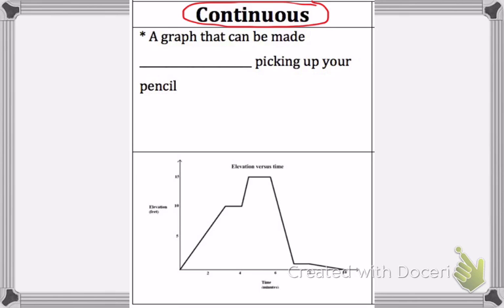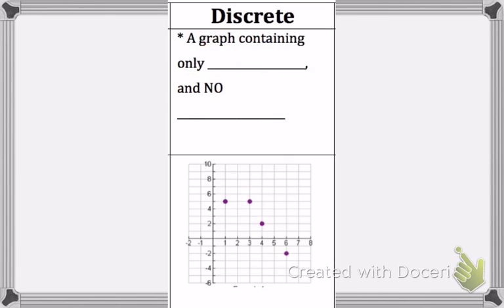What that looks like on a graph is a graph that can be made without picking up your pencil. So here's an example. I start down here and I go up, over, down, and didn't have to pick up my pencil at all. So this would be a continuous graph.